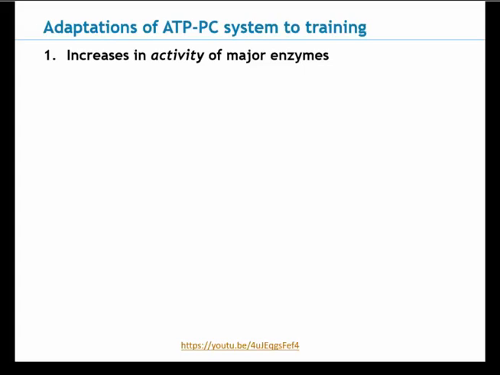First is an increase in the activity of the major enzymes. The benefit of this is that it may result in faster ATP regeneration, resulting in increased performance of short duration, high power activities like resistance training and sprints.